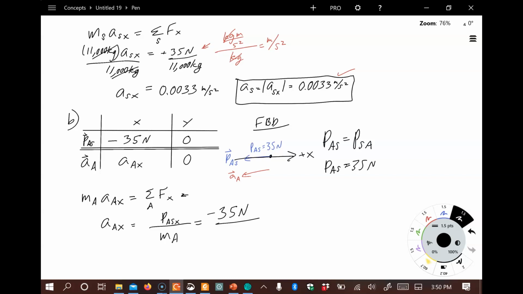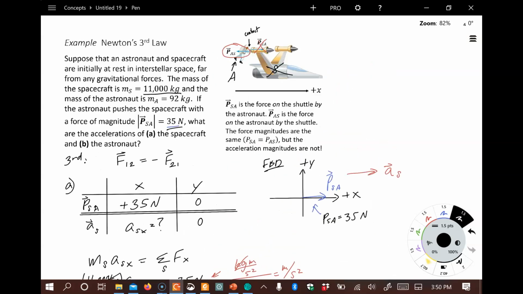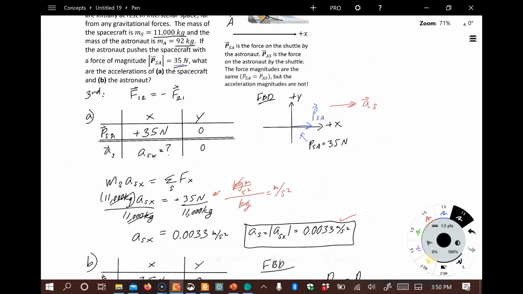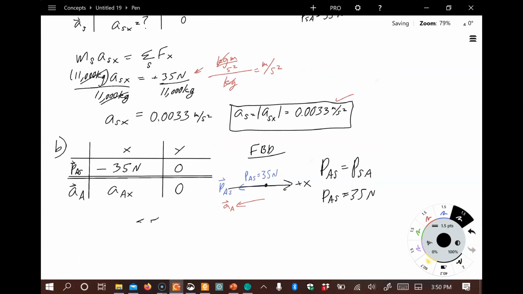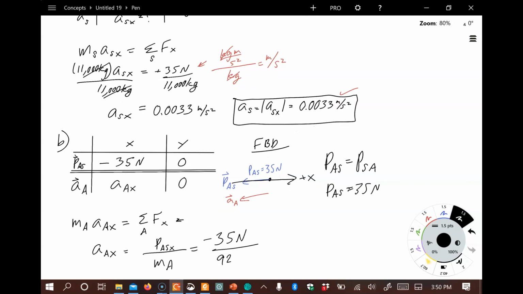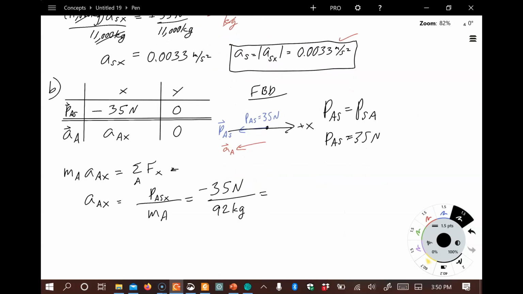The mass of the astronaut, if we remember, the astronaut's got a smaller mass. Here it is 92 kilograms, so we can insert that into our equation. And we'll get an answer here. It's going to be negative 0.39 meters per second squared. That's the x component of the astronaut's acceleration.